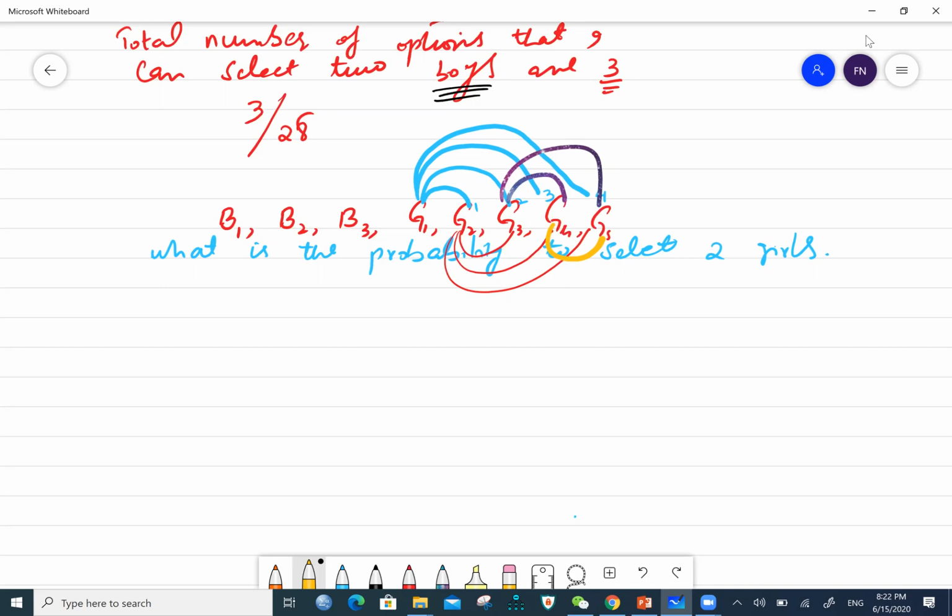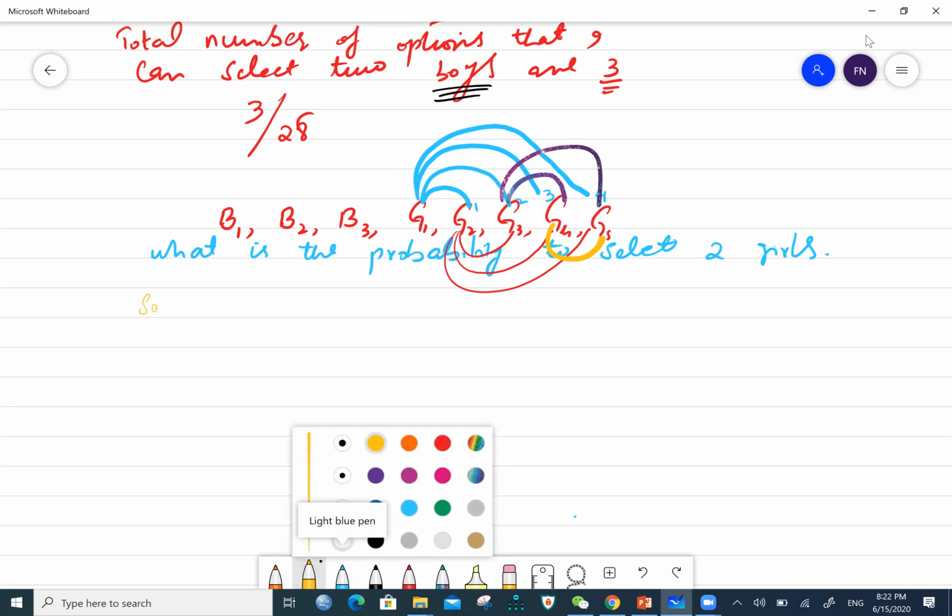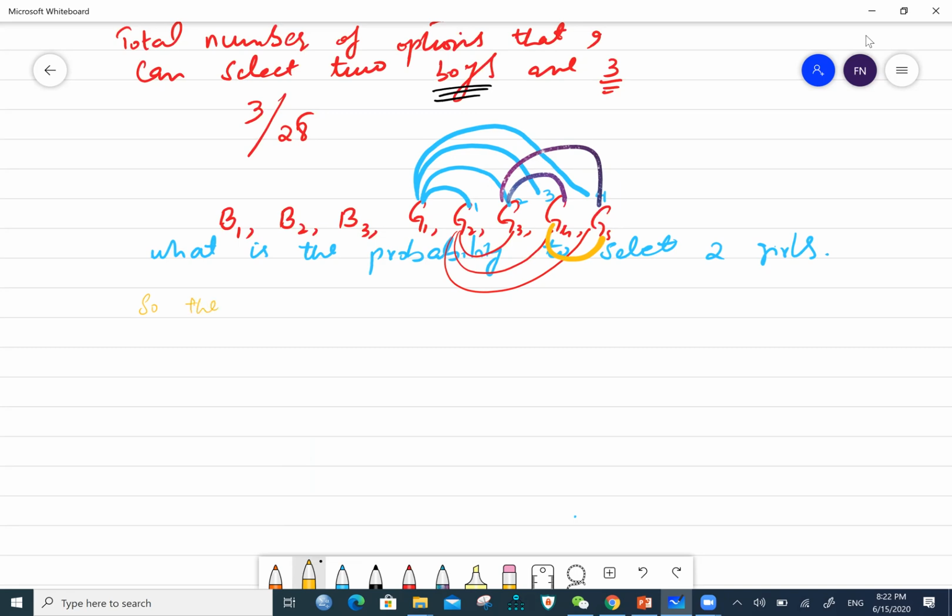So the total number of options to select 2 girls is 10, and again out of 8 students, we are selecting 2 girls, so the total number of options is 28, like we calculated before.